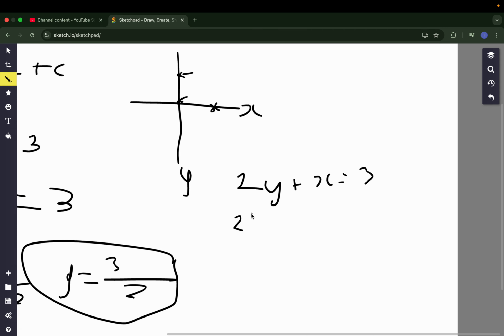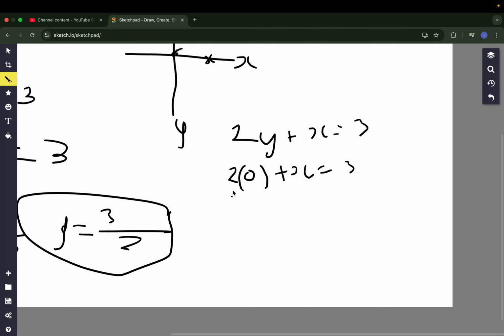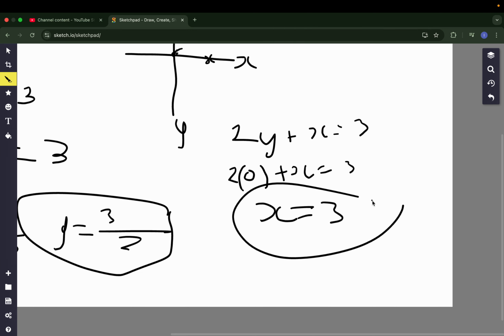So 2 times 0 plus x equals 3. And when something is times 0, it just equals 0. So x is just equal to 3. And that's the x-intercept.